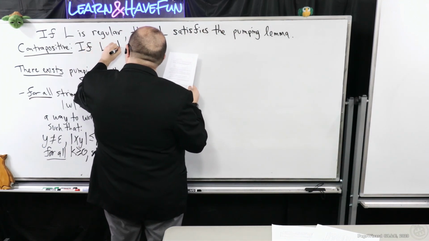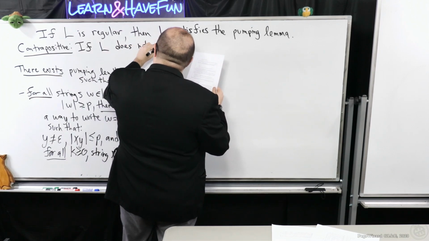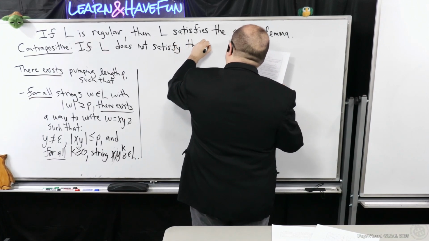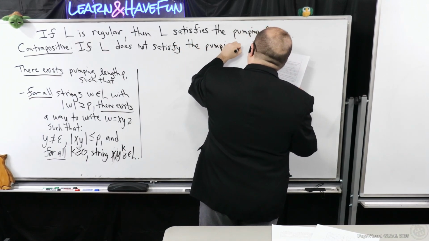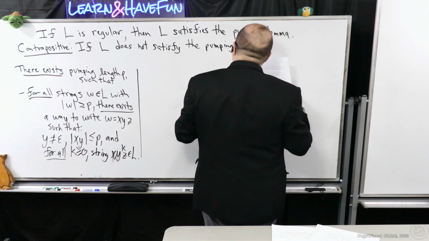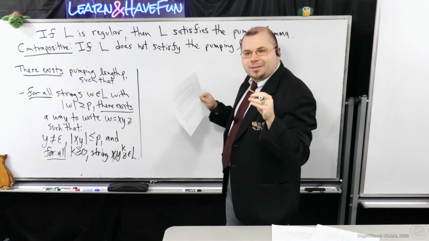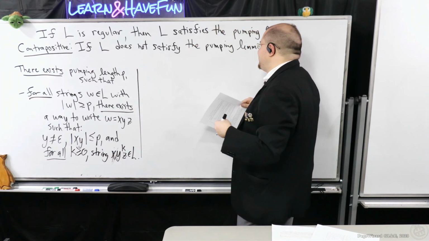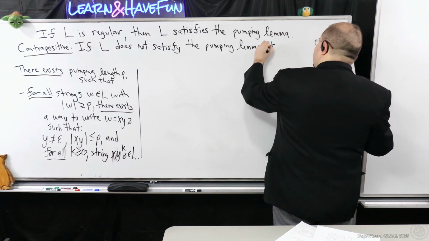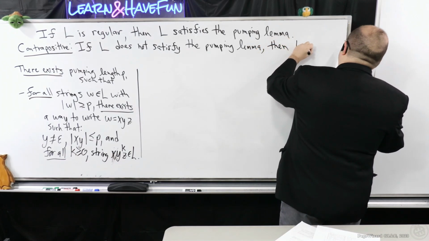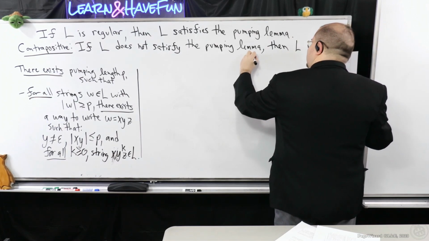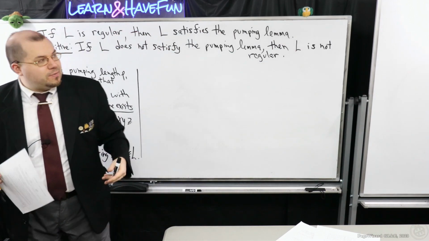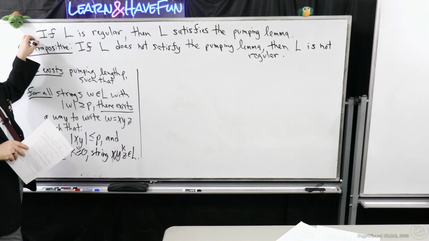If L does not satisfy the pumping lemma, what can I say about L then? Then L is not regular, because that's a property that all regular languages have. So this is the contrapositive of this statement.